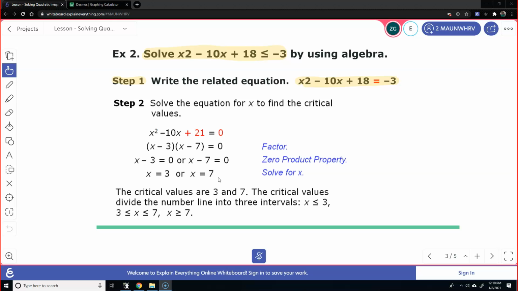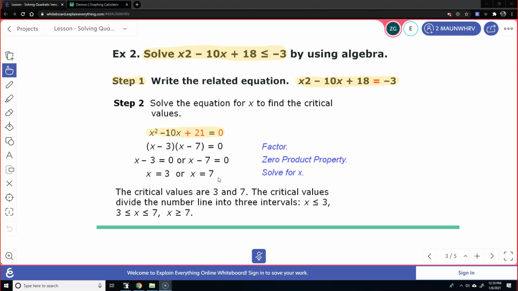Okay, so we have x squared minus 10x plus 21 equals 0. So how do we get there? We added 3 to both sides, and that's how we got 0 on the right side and 21 on the left side.